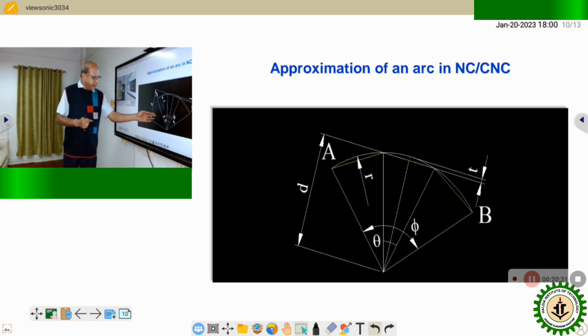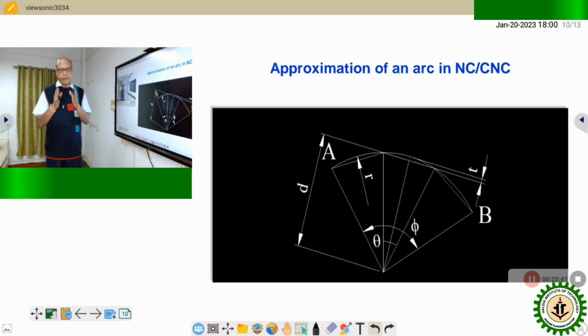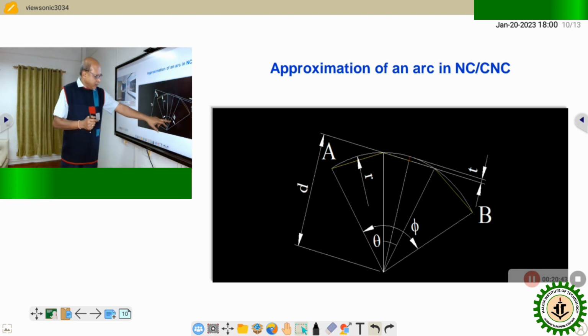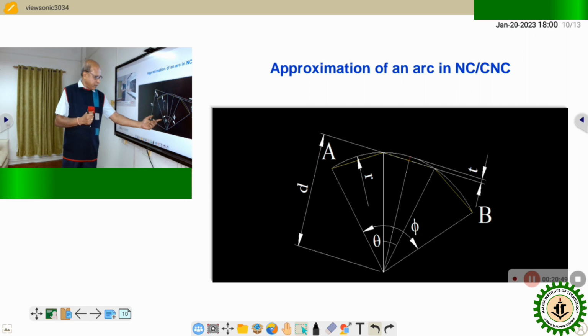Now the entire included angle, the angle subtended by the arc AB at the center, is say phi, and since these three line segments are all of equal length, definitely the angle subtended by individual chords will also be identical. Let us consider that the individual angle subtended at the center by an individual chord is theta.